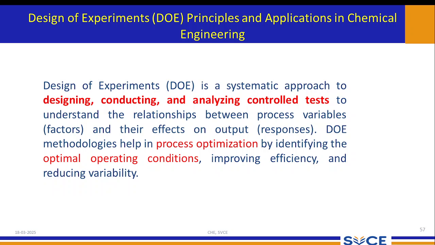This is what I've been saying starting from unit 1. We are going to find out the relationship between the independent variables and dependent variables. The dependent variable is the response; the independent variables may vary because of the process conditions or process factors. When you establish this relationship, it will be easy to identify the optimum.